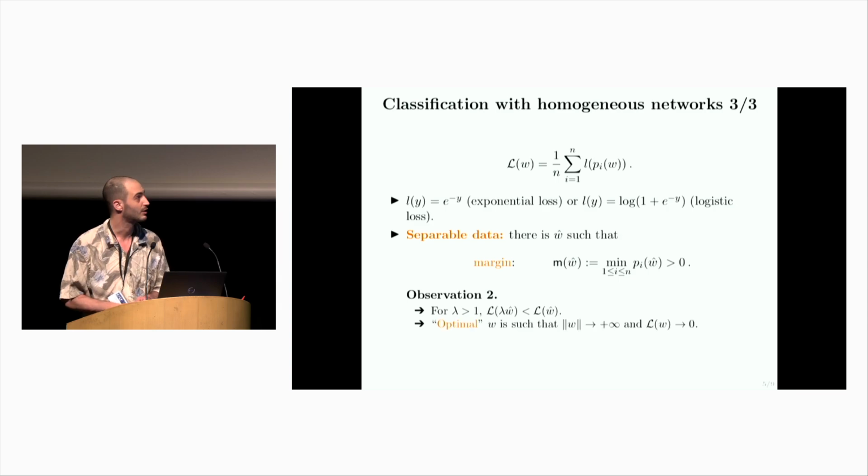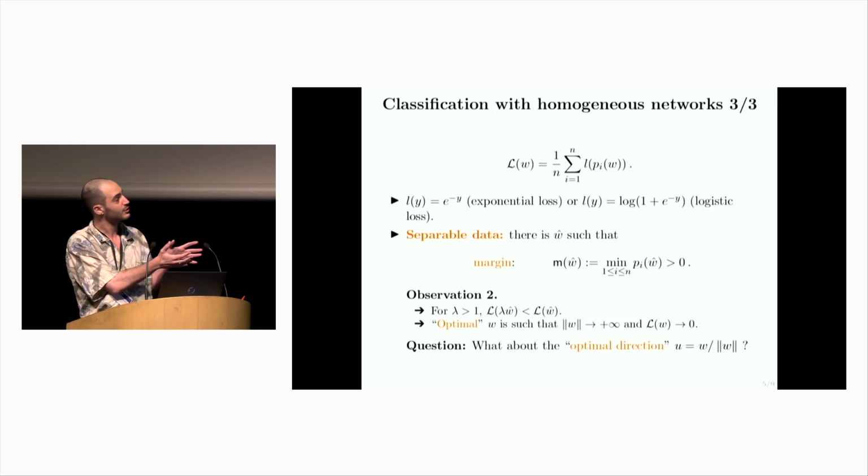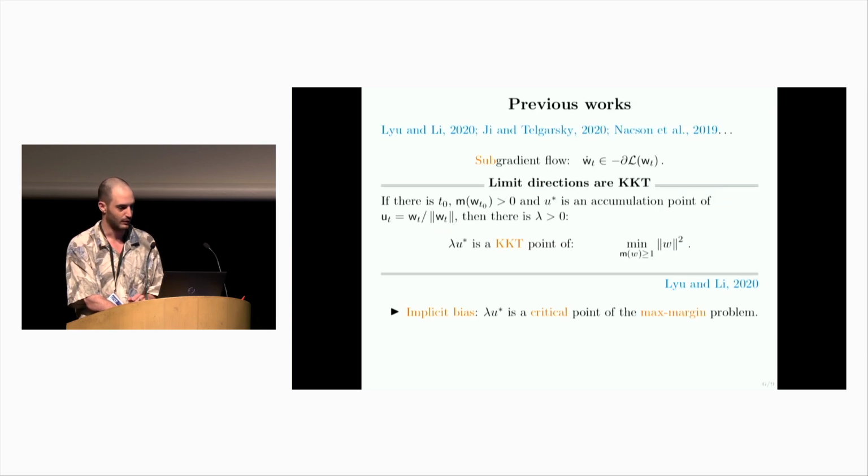So as optimizers, who want to minimize the loss, the best way is to find parameters that separate the data, if you have some, and then increase the norm to infinity. The loss will go to 0, and you are finished; you cannot do better. But as I told you, the classification depends only on the direction. So the natural question is: what happens with some kind of optimal direction? This is what we'll be looking at.